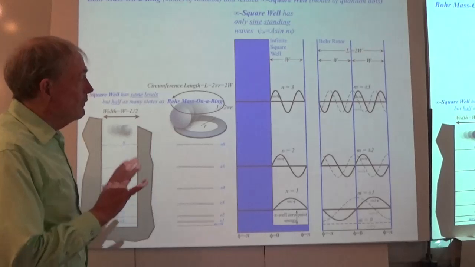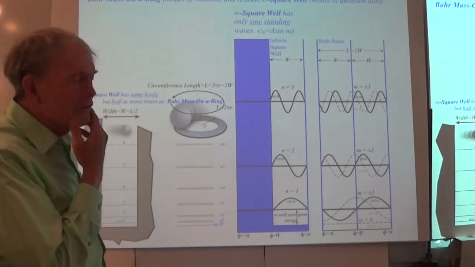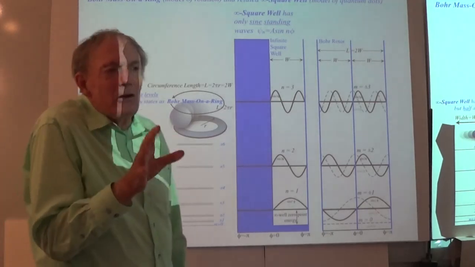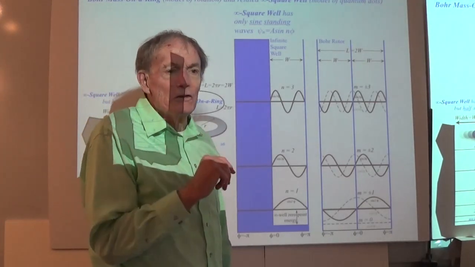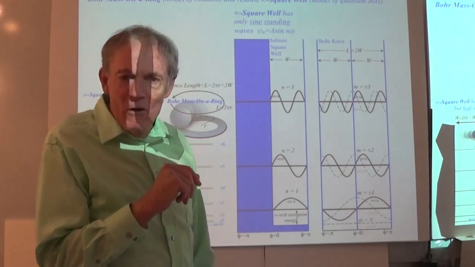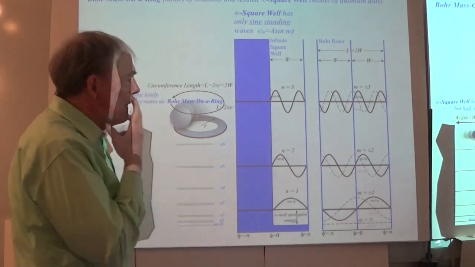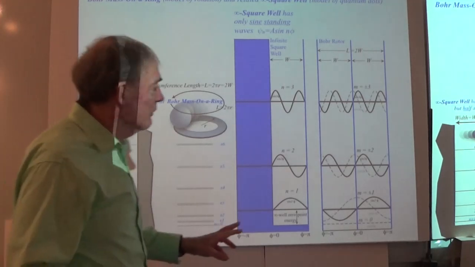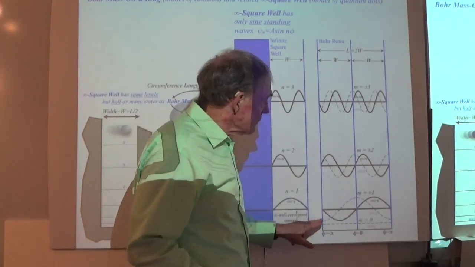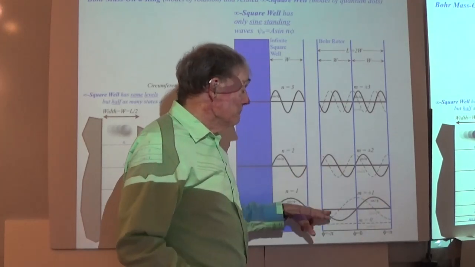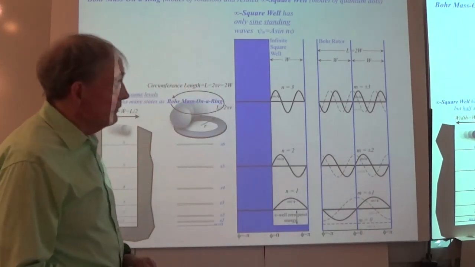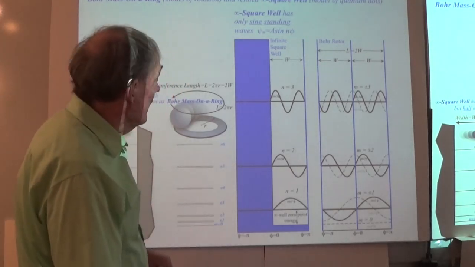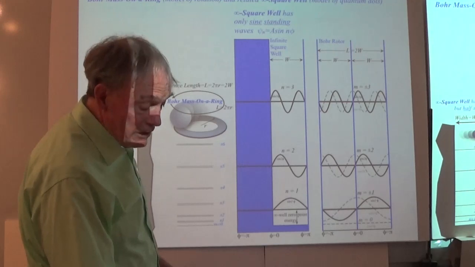So if you're going to be teaching quantum mechanics at some point when you get out of this place, these are little things to mention and remember that are very important. It lets you have a better picture of what's going on here. So in addition to the sine waves, we've got cosine waves that are orthogonal to the sine waves. That's all I really have to say about the topology of this.